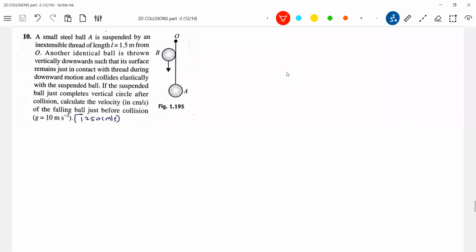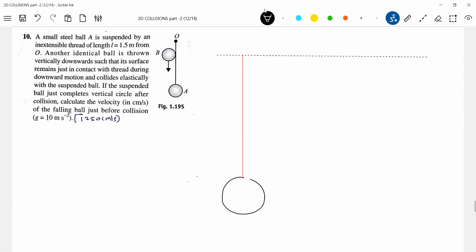Okay, let's take it again. So there's a string. A diagram plays a role. If you are able to analyze the diagram very clearly, it's very easy to solve the problem. That's what I feel. So this is a sphere. Just to make you understand, I'm taking a bigger diagram.